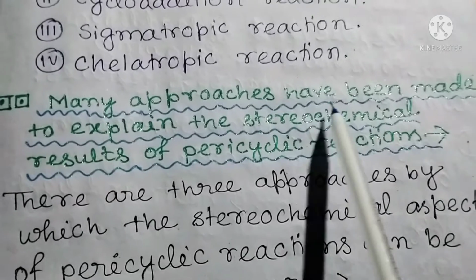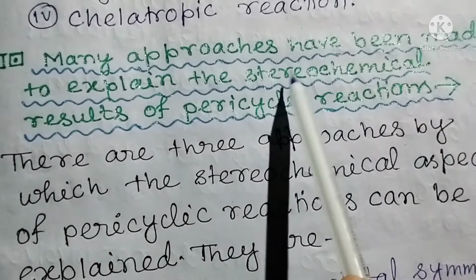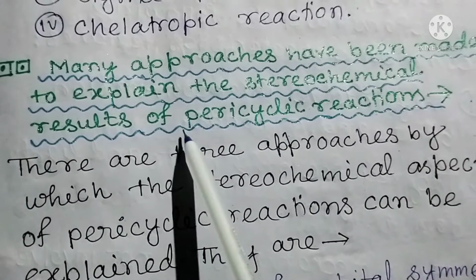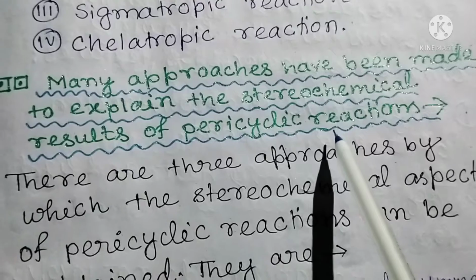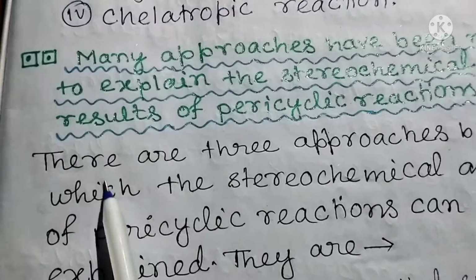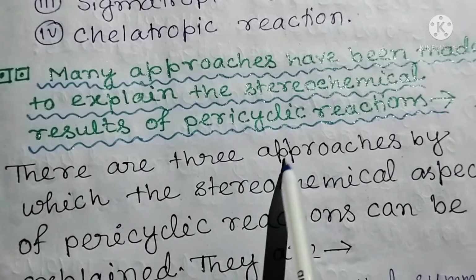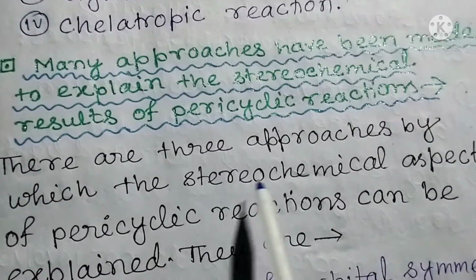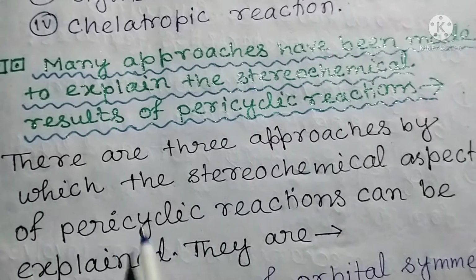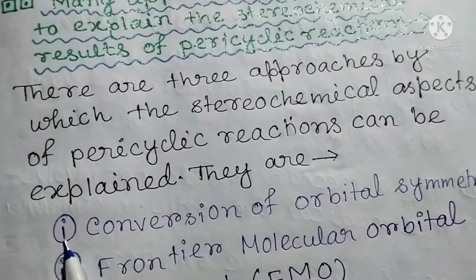Many approaches have been made to explain the stereochemical results of pericyclic reactions. There are three approaches by which the stereochemical aspects of pericyclic reactions can be explained.